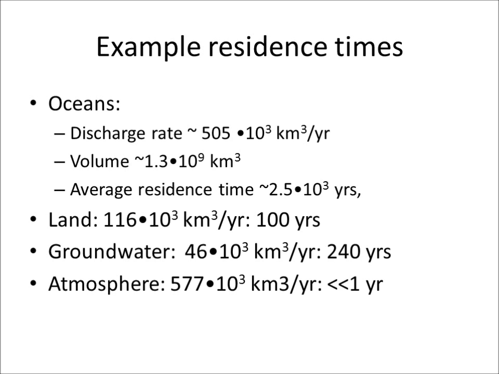So when we look at the rapidity of exchanges of volumes within these broad classifications of storages in the global hydrologic cycle, we see that the atmosphere is cycling water through it much more quickly than the other three reservoirs depicted here, which would be the oceans, land, and groundwater.